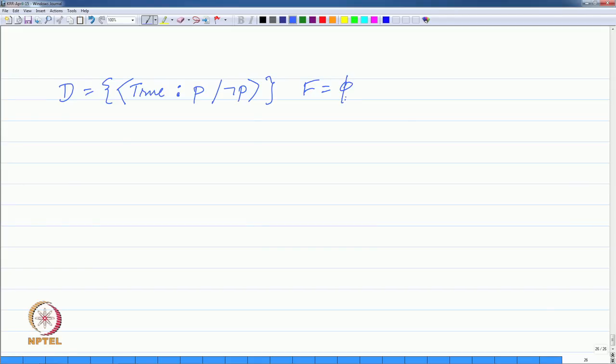Now again I will ask you to work this out for yourself. You can see that this theory has no extensions.